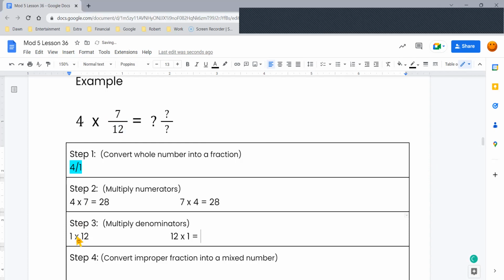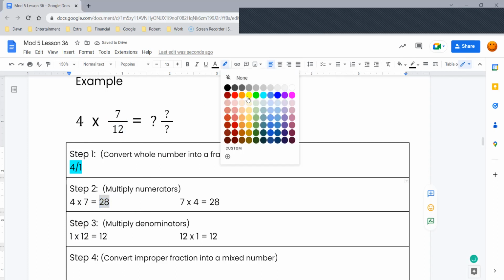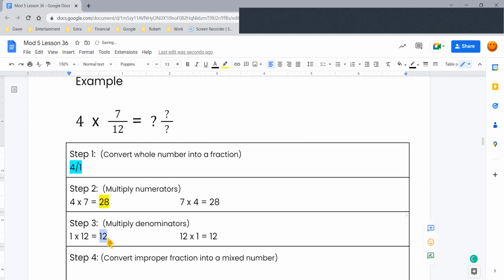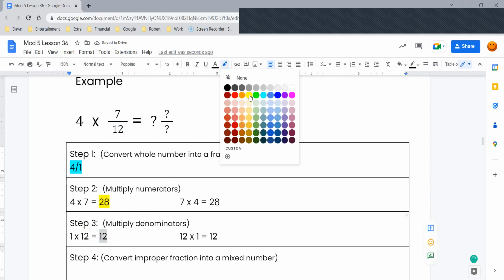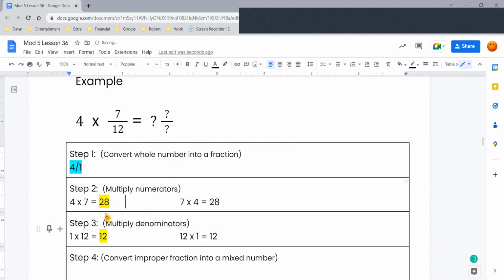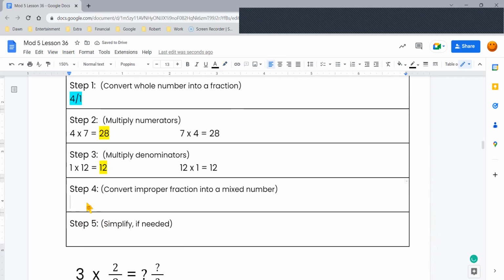It is up to you how you want to write your multiplication, but I'm trying to show you that it doesn't matter which way you write it, you get the same answer. I'm going to just highlight one set of numbers so that I know which set I'm using. So I go 28 over 12. Remember, we're converting this into a mixed number.